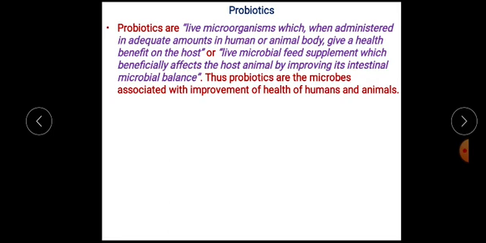Both these definitions are taken from a book, which are standard definitions. Not necessarily you need to write the same definition in the examination. Instead, you can write this definition in your own language that you have understood.